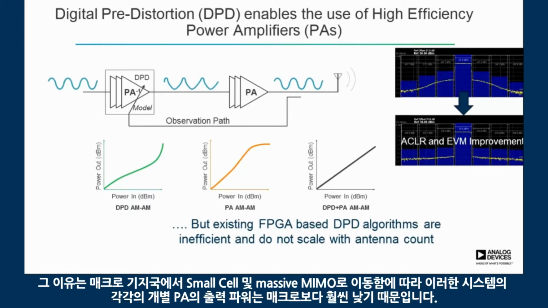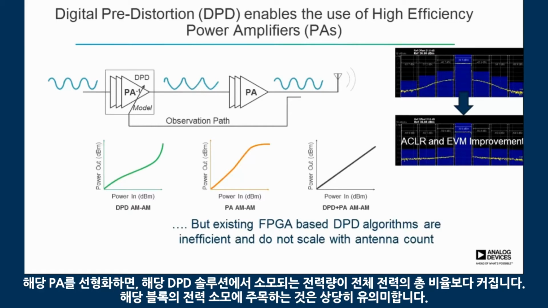And the reason for that is that as we've moved from macro base stations down to small cell and massive MIMO, the output power of each individual PA in these systems is much lower than in the macro case. So as you go to linearize that PA, the amount of power you consume in that DPD solution is a larger proportion of the total power. So spending time on the power consumption of that block is a worthwhile exercise.